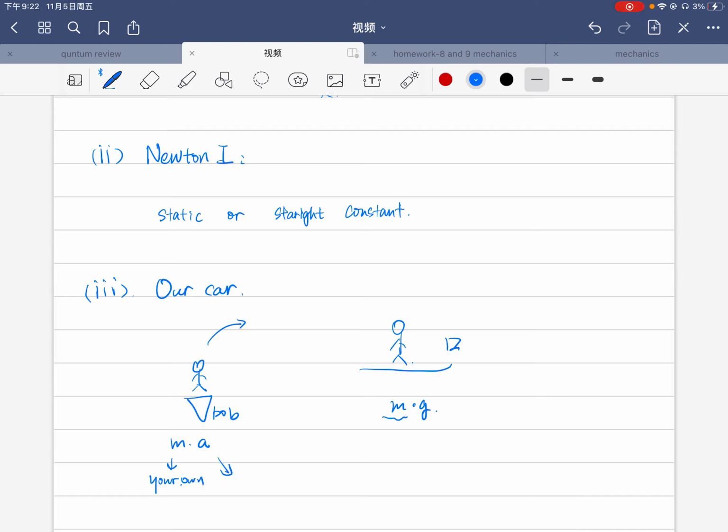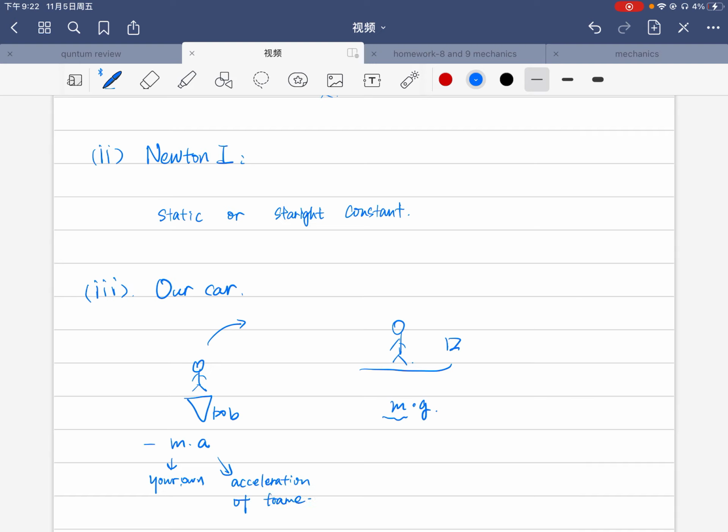And a is caused by the acceleration of the system, but we all know that when you are calculating the inertial force, it always has the opposite direction to the acceleration direction of the system, of your frame.